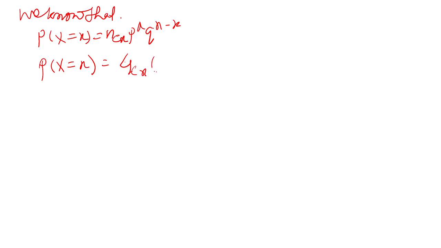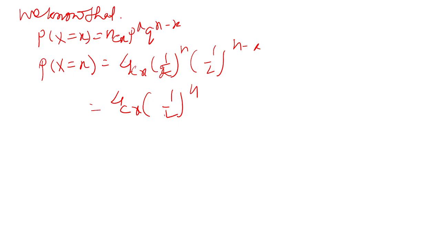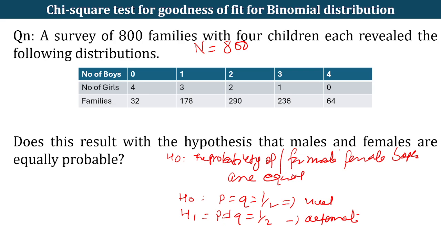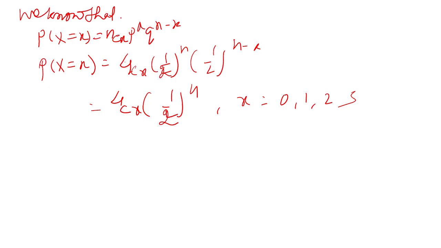So 4Cx into 1 by 2 to the power x into 1 by 2 to the power n minus x, so 4Cx half to the power 4. Here x will become 0, 1, 2, 3, 4.